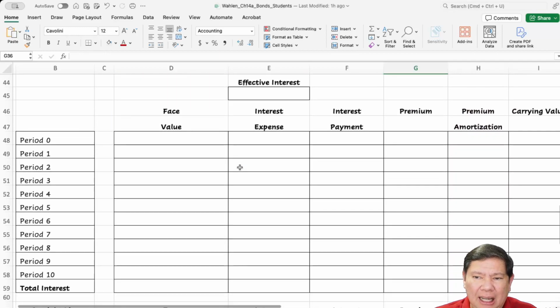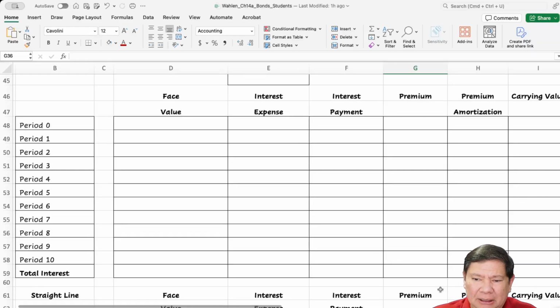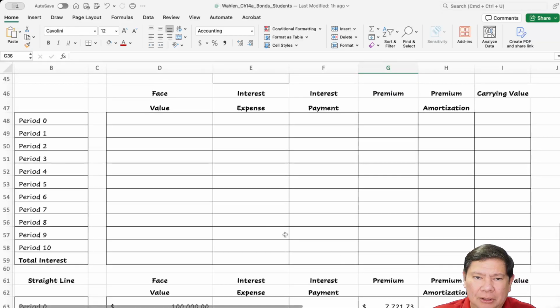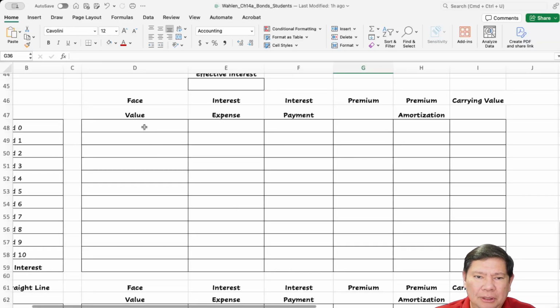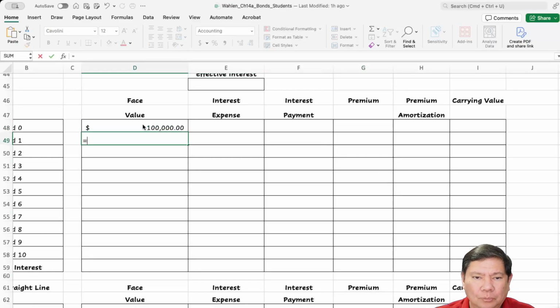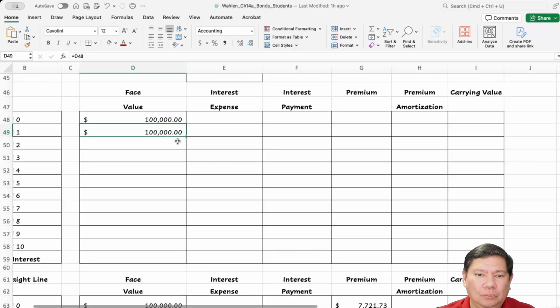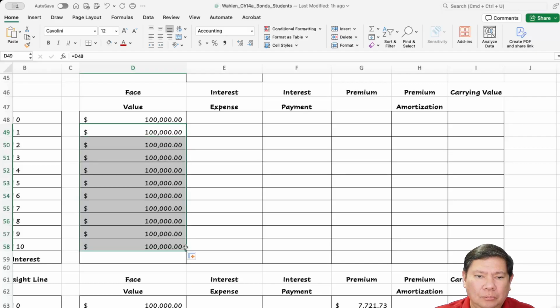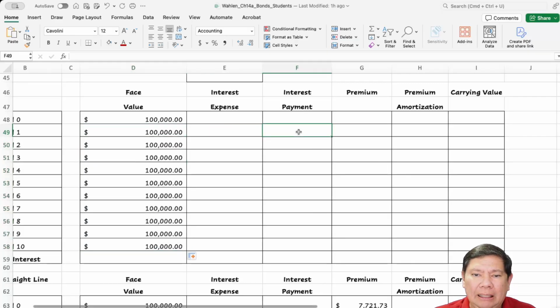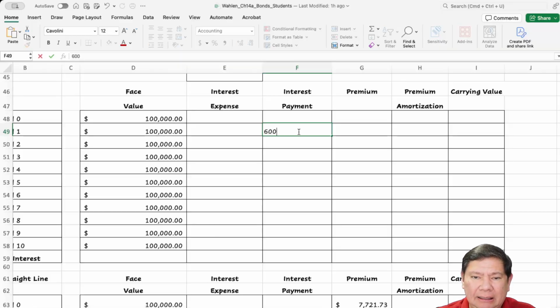Now, let's take a look at the effective interest method. The face value is 100,000. The interest payment is 6,000.